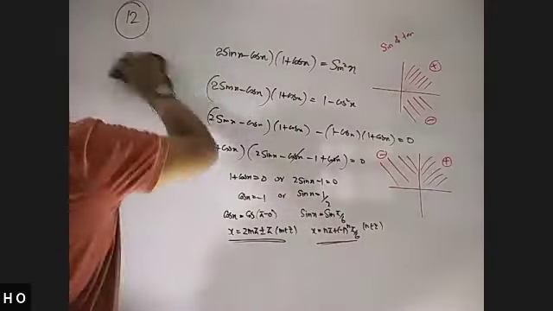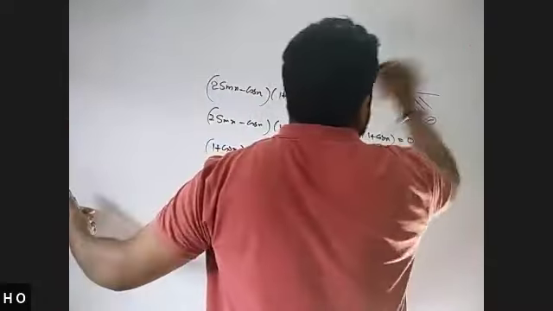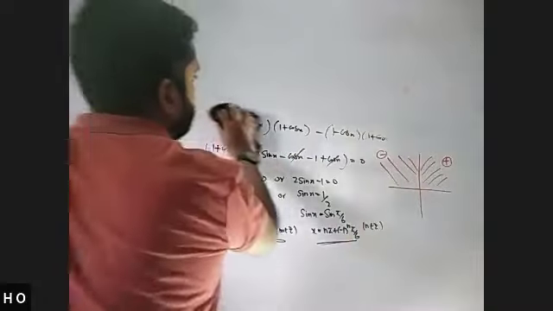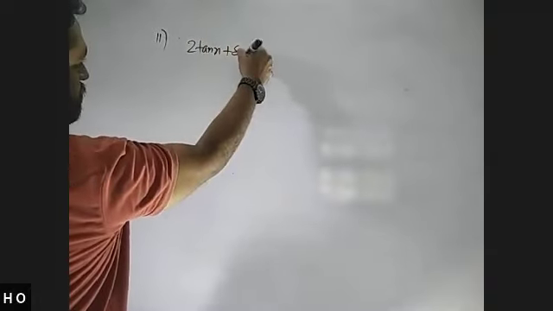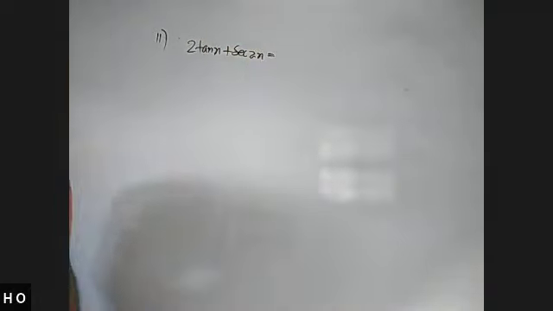Right. Part 2, we are going to do. What is the equation? 2 tan x plus sec 2x is 2 tan 2x, right?